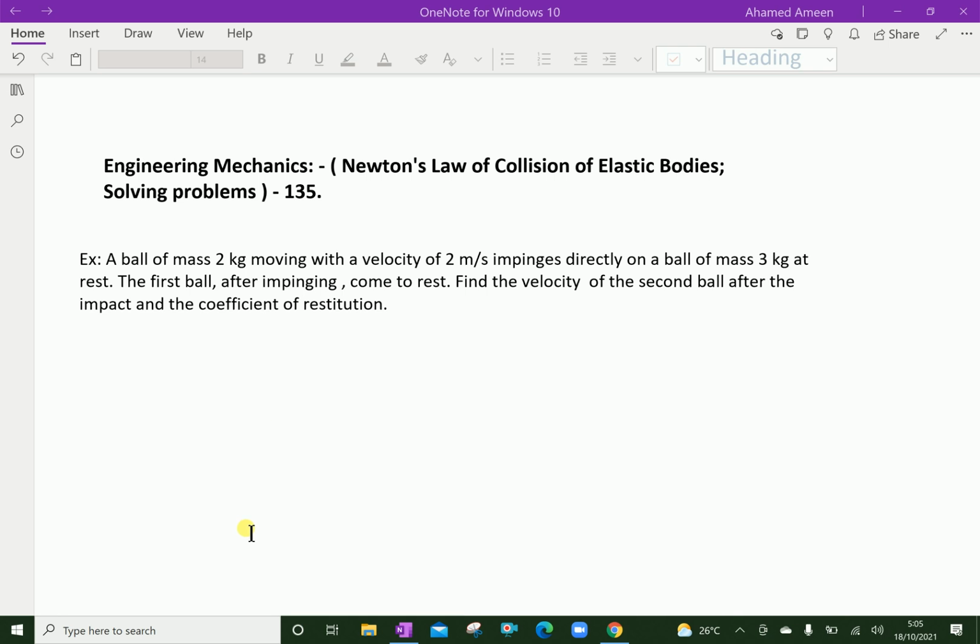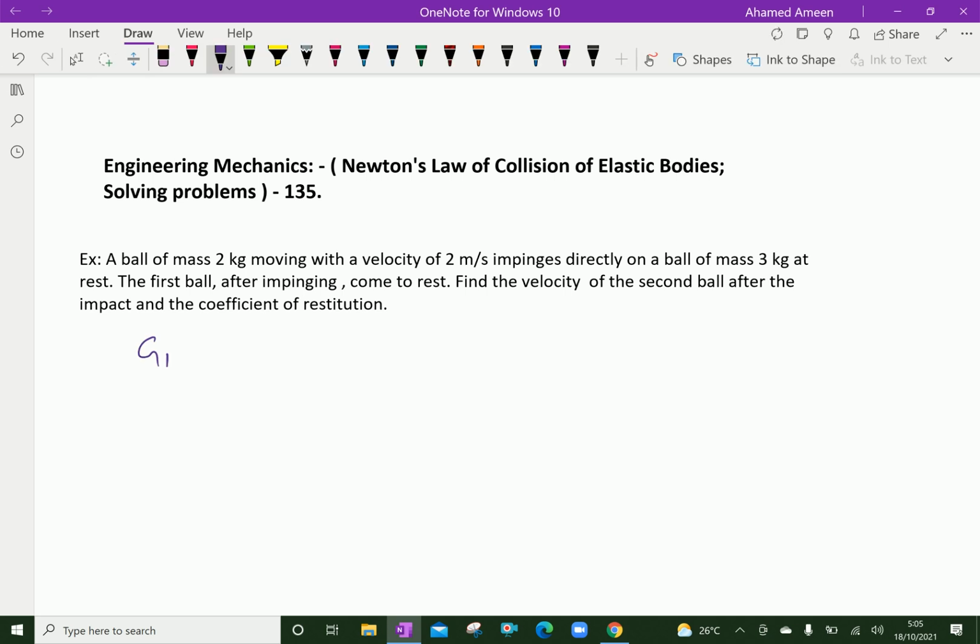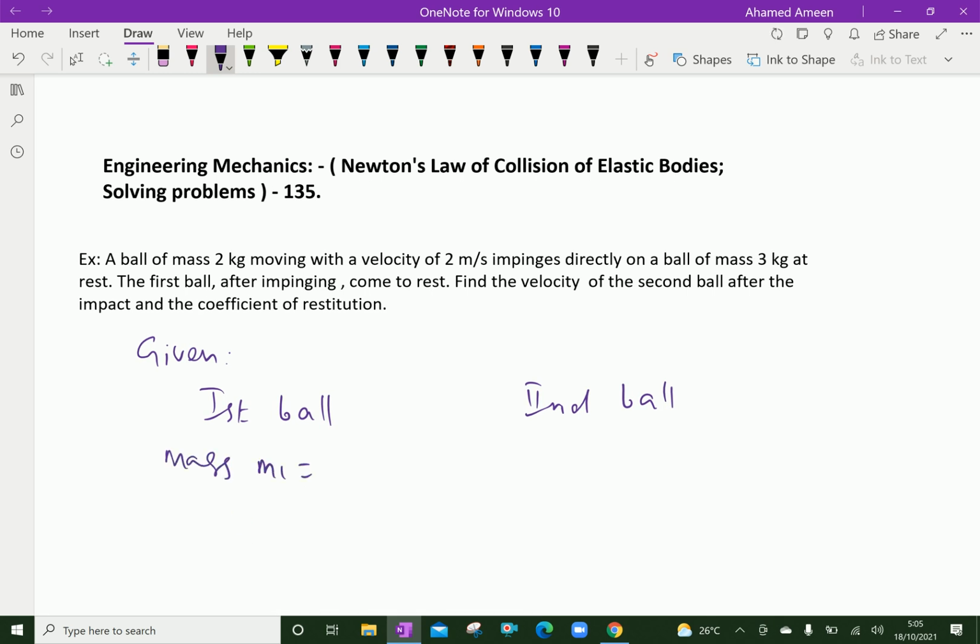The given things. First ball, second ball. Mass of the first ball, m1 equals 2 kg. Mass of the second ball, m2 equals 3 kg.